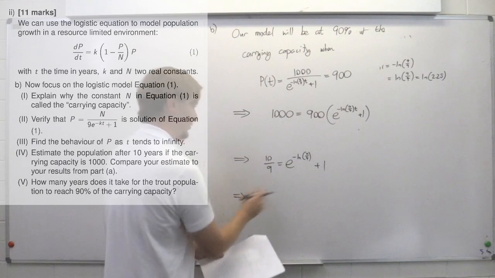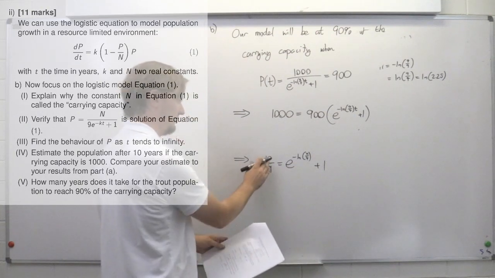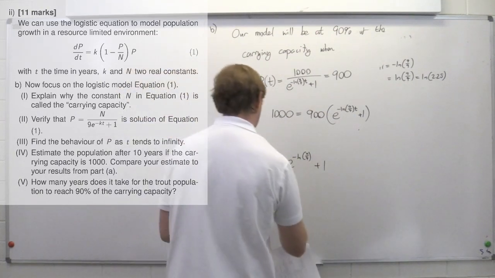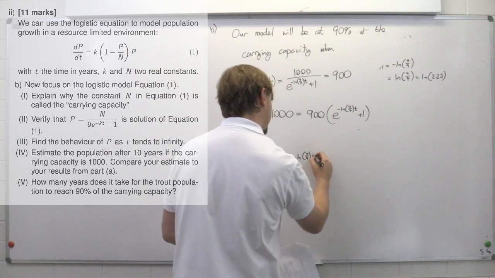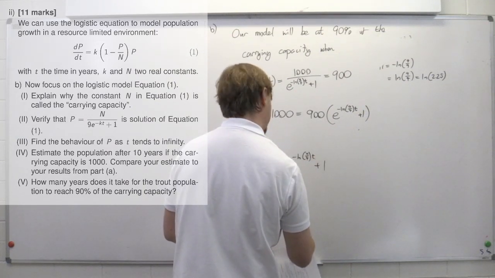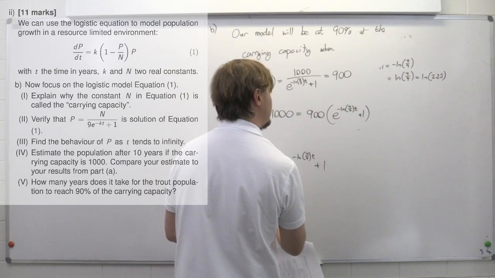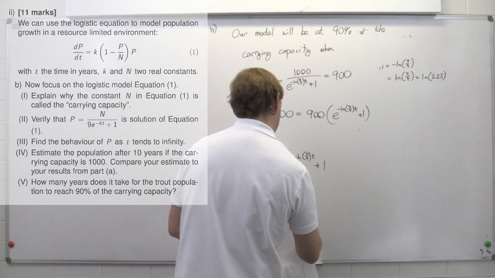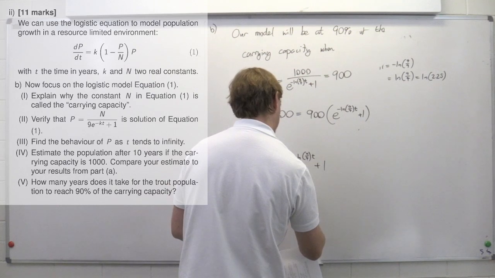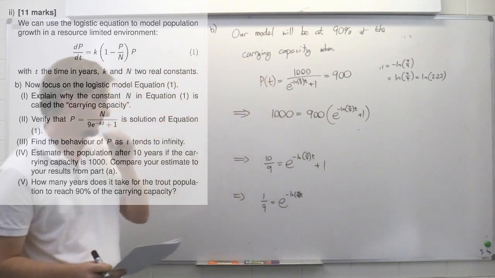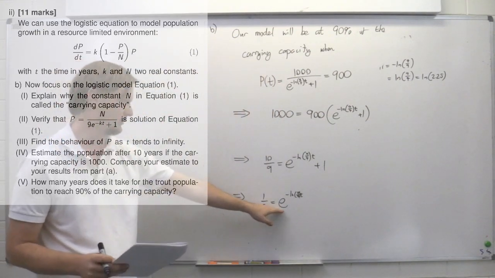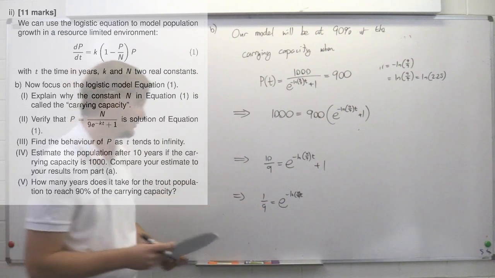I need to subtract 1 from both sides, so that's going to be 10 over 9 minus 9 over 9 is 1 over 9, equals e to the minus log 9/4 t. Now I just need to take a log to get rid of this exponential.